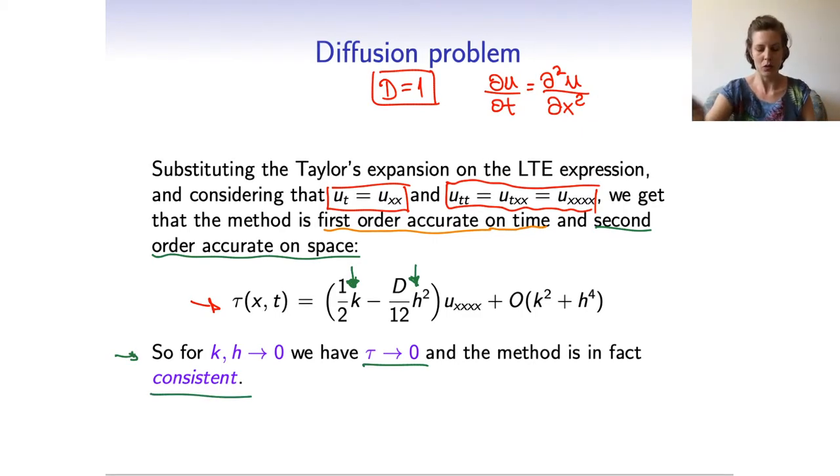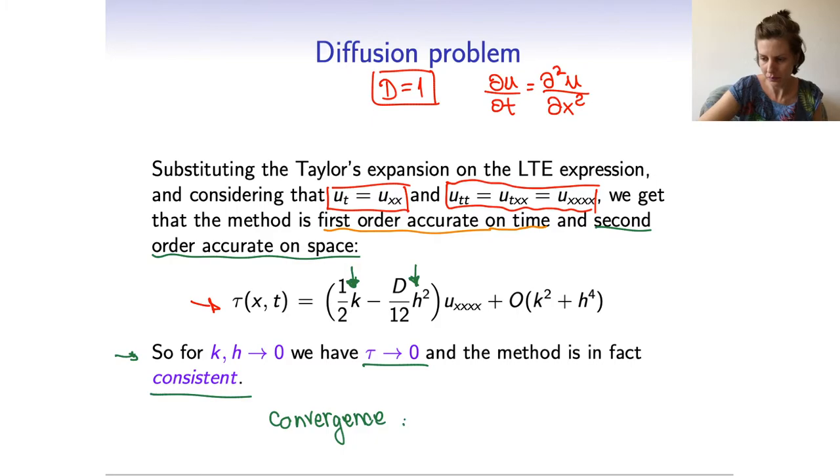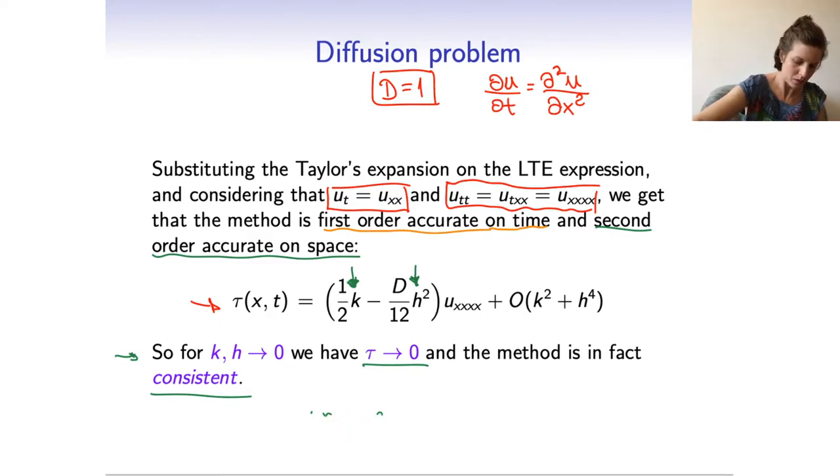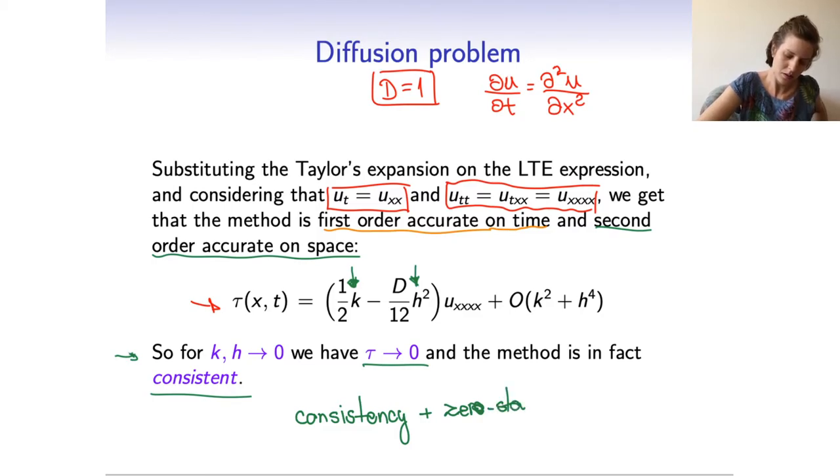Okay, so we showed, for having convergence, we want to have consistency plus zero stability implies convergence.